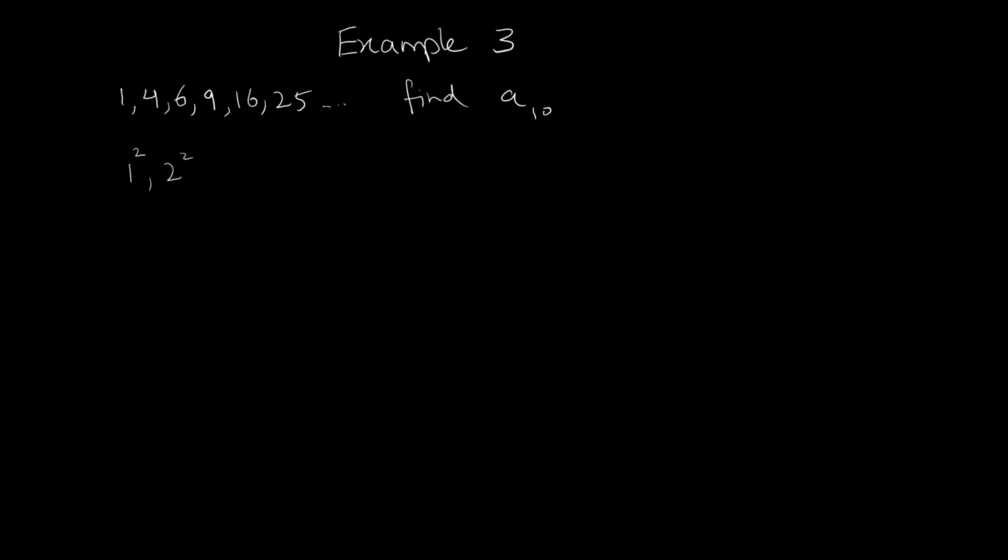Also 6 was not there. You have 1, 4, 9, and 16. So 3 squared, 4 squared, 5 squared. That means we know that the sequence here is actually about a function which is n squared. So a_n is simply n squared. Therefore, a_10 would be equal to 100.